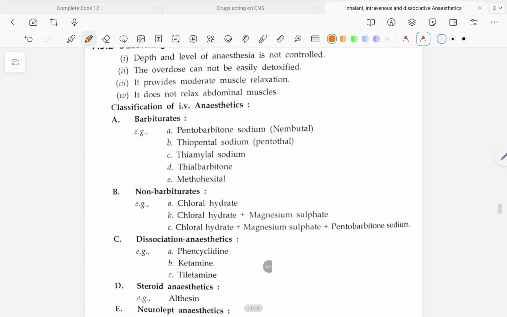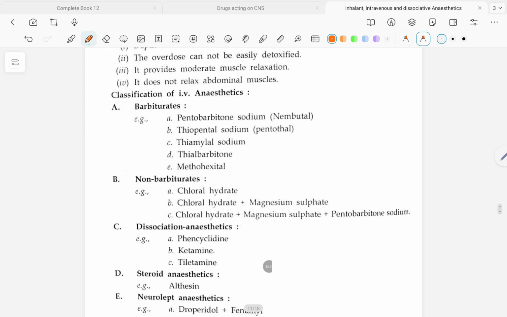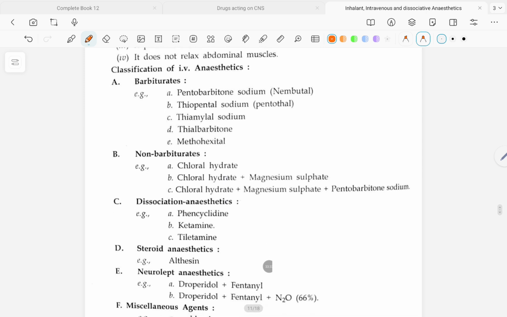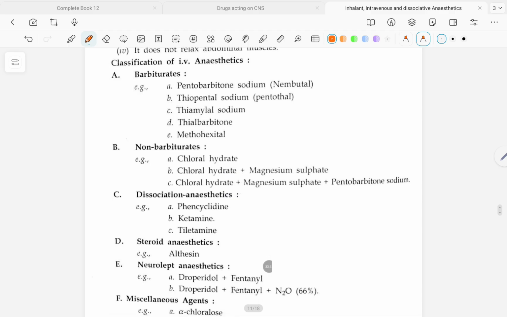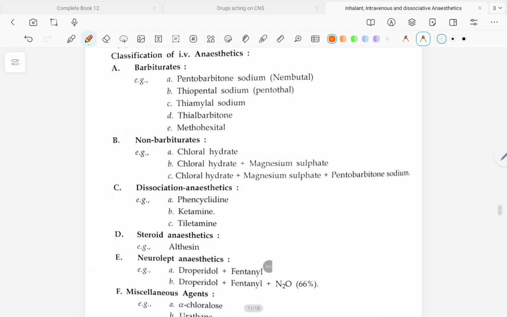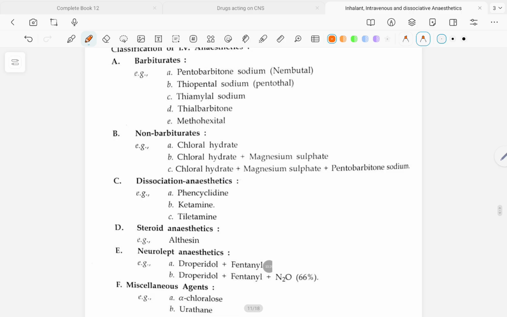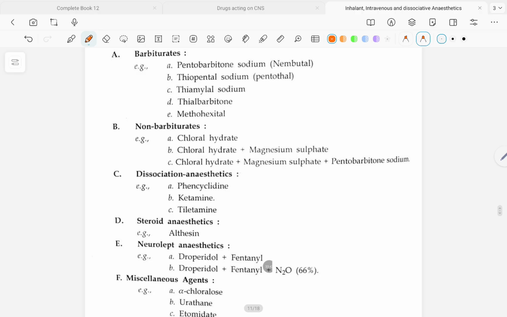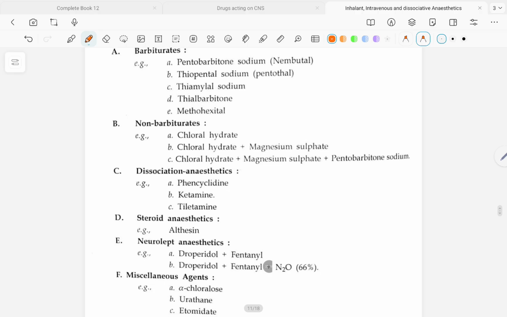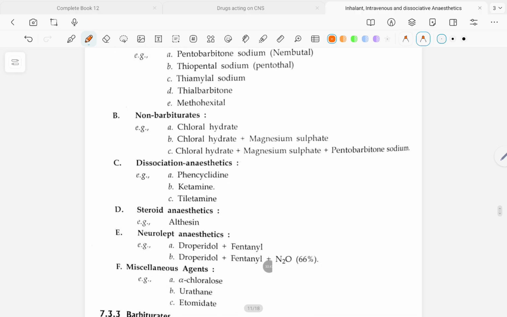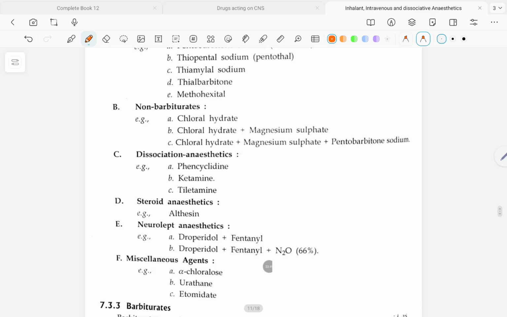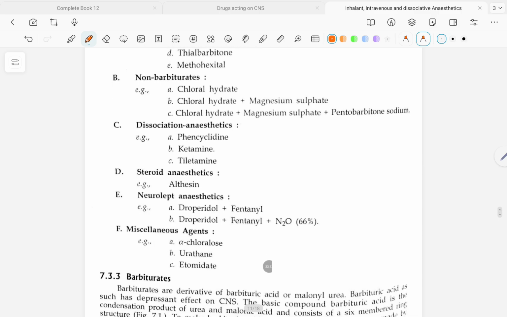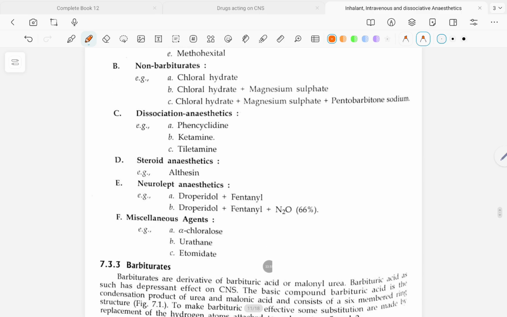Classification of IV anesthetics. Barbiturates. Examples: pentobarbital sodium, Nembutal, thiopental sodium, Pentothal, thiamylal sodium, thiobarbital, methohexital. Non-barbiturates: chloral hydrate plus magnesium sulfate, chloral hydrate plus magnesium sulfate plus pentobarbital sodium.